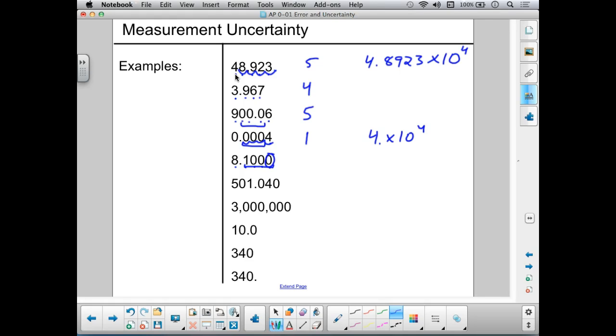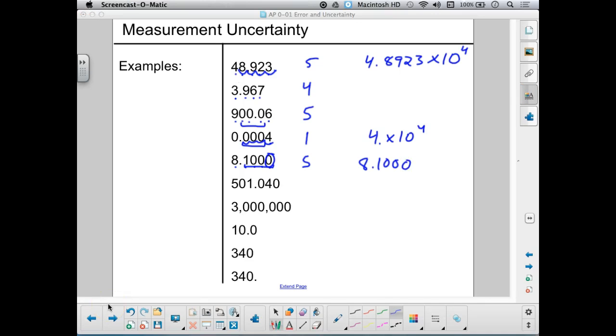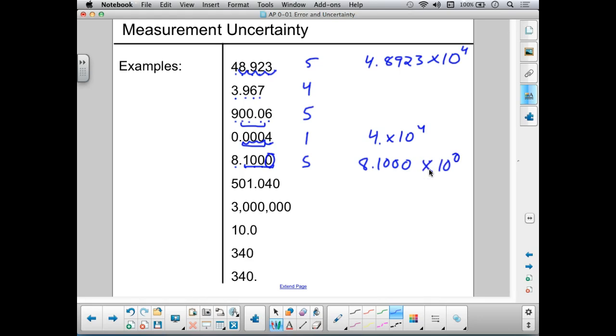So this has 1, 2, 3, 4, 5 significant figures. And if I wanted to write this in scientific notation, I actually have to include all of those zeros. Of course, in scientific notation, this is just times 10 to the 0 because I didn't have to move the decimal place at all. So we usually don't write that because it's really redundant, and we just write the value as shown.